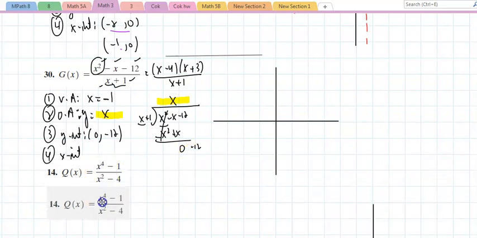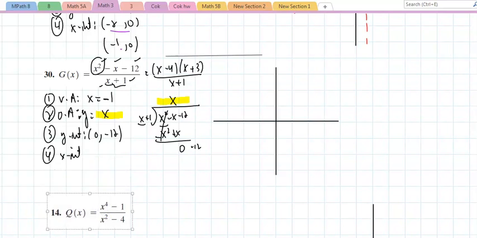If I set the y equal to 0, it seems I have 2 values. So that is a 4 and a negative 3.